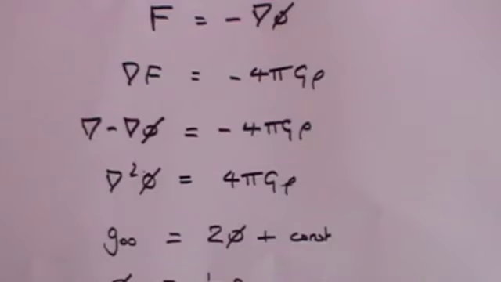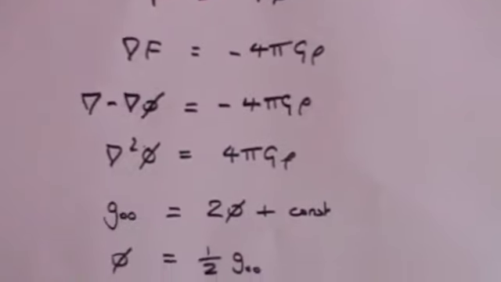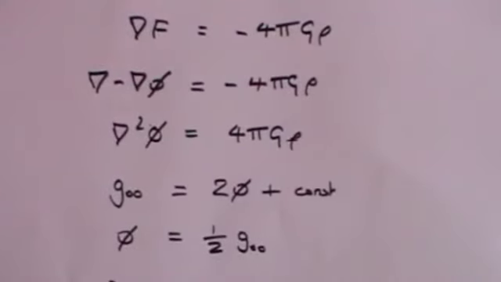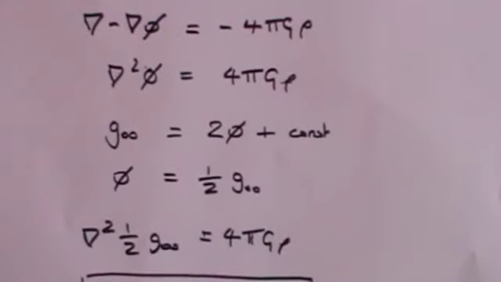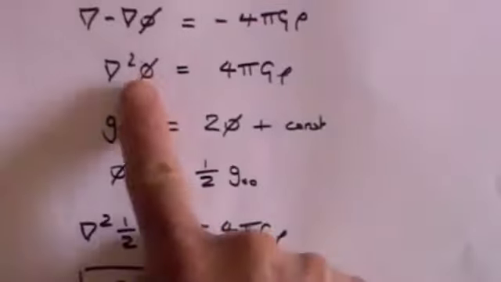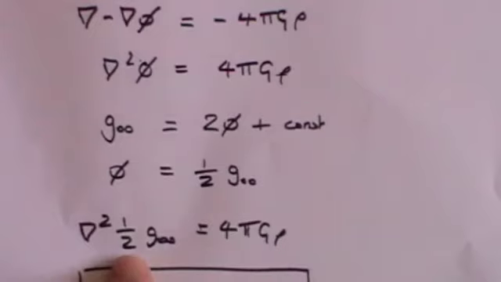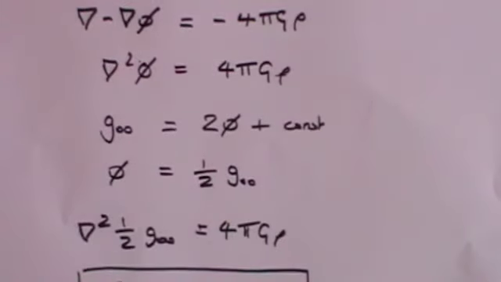Earlier we showed that the time component of the metric tensor g00 equals twice the potential plus a constant, which means that the potential is half g00. I've dropped the constant, but you'll see there's no problem about doing so, because as soon as you take the derivative squared of phi, which is this term here, replacing phi by half g00, the constants will all go, of course.